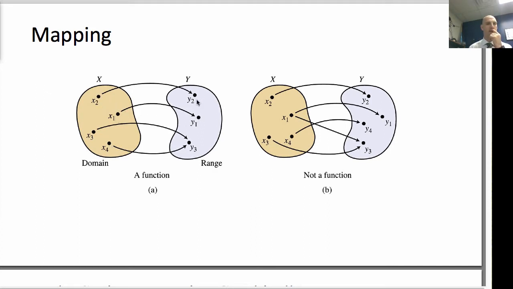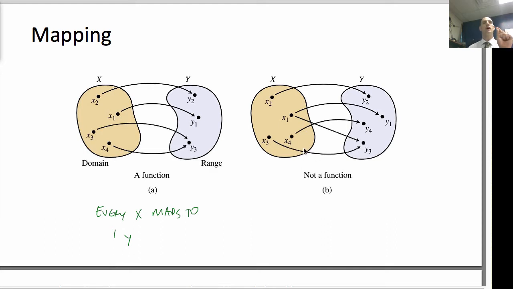If I put in x2, I get y2. I put in x3, I get y3. I put in x4, I can get y3. Okay, and so everything needs to map to one single thing. Okay, so that's a function. So every x maps to one y. Okay?